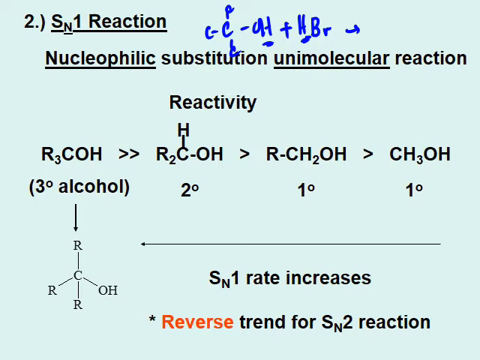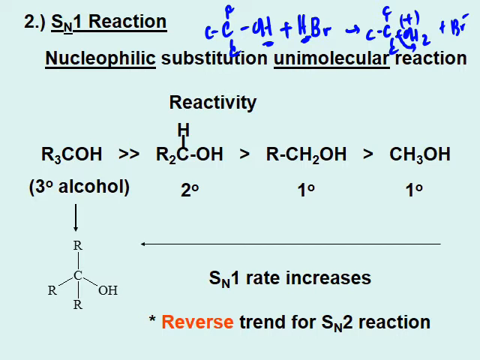C, C, C, C, OH2 plus, and Br minus. Now, OH2 plus is nothing but H2O. So it grabs an electron pair and becomes a neutral H2O, which is a fairly good leaving group. So it leaves as a neutral H2O.